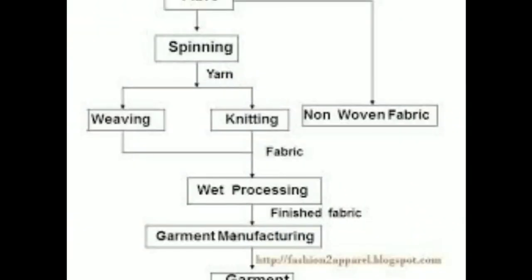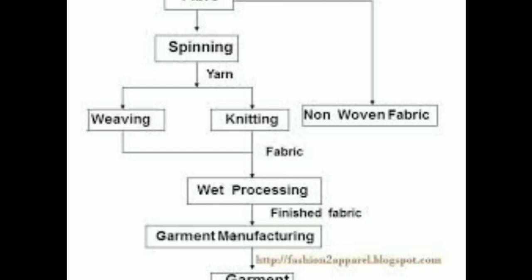Next, now you are going to see this flow chart. You are going to draw the flow chart in your notebook. So fiber will undergo spinning. Spinning of yarn is done, and then fabric is made in two ways: weaving and knitting.